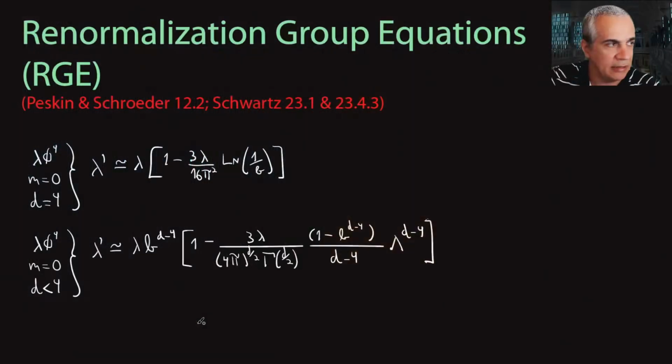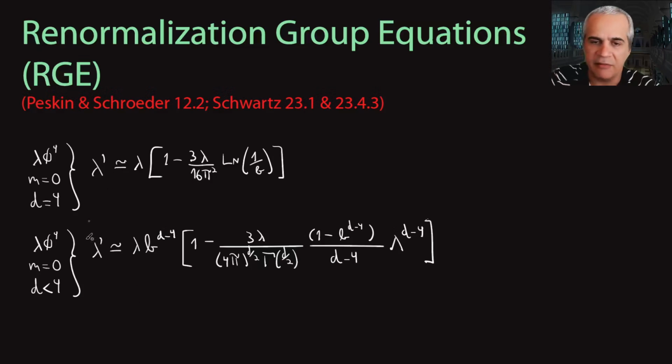And we start by realizing that these two expressions that we got in the very last part of the previous video have a similar characteristic. What you can notice here is that on one side, the running, so this is the value of the coupling constants for these two theories, lambda phi 4 in a massless lambda phi 4 theory in 4 and less than 4 dimensions.